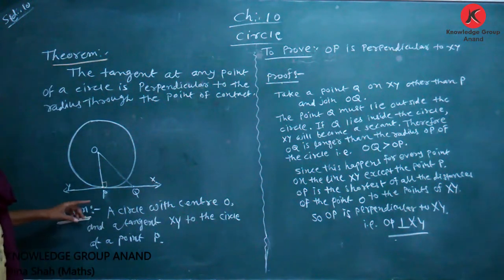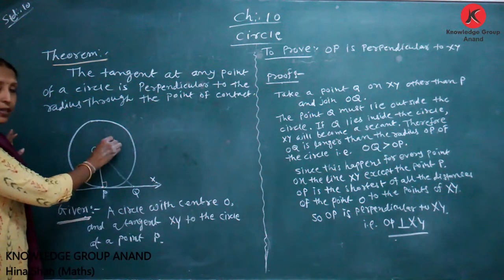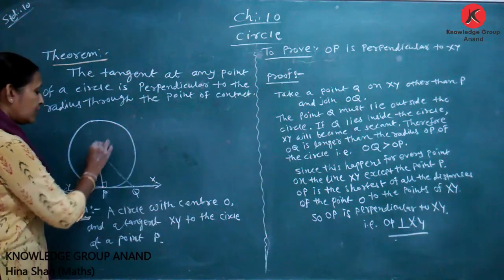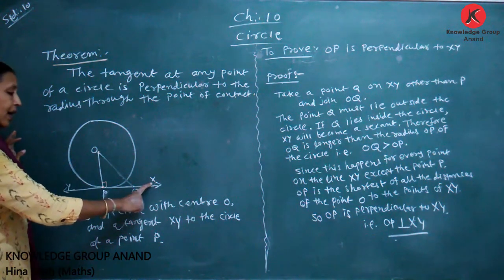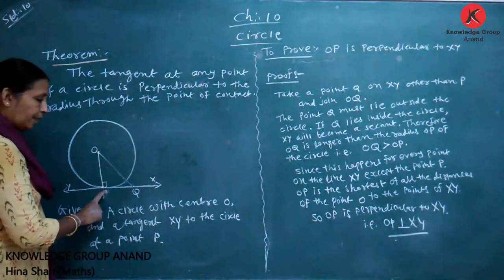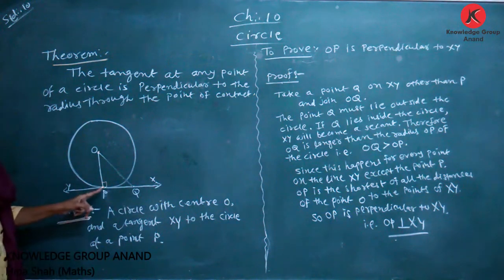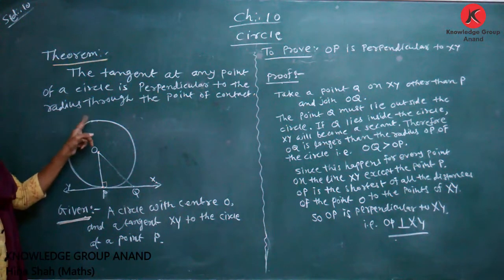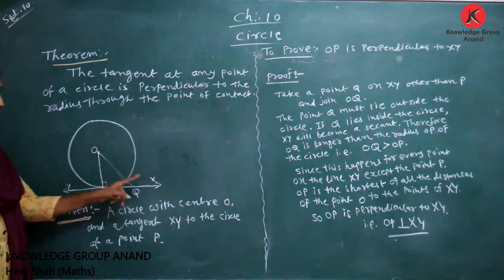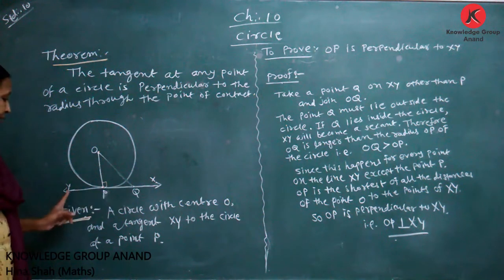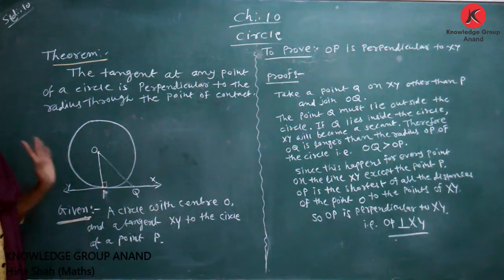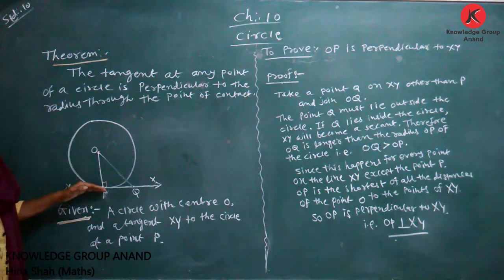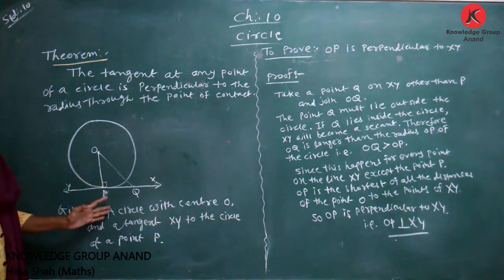Given part: I draw a circle with center O and a tangent XY to the circle at point P, the point of contact.